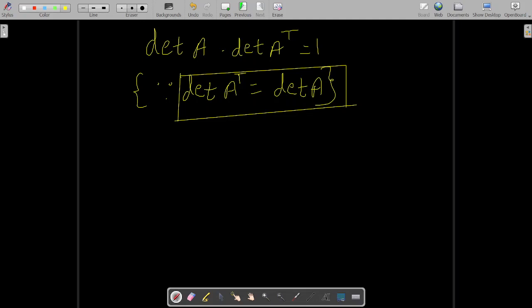So clearly I can substitute this value over there, and finally I get determinant of A multiplied by determinant of A is equal to 1. These two things multiplied together yield 1.